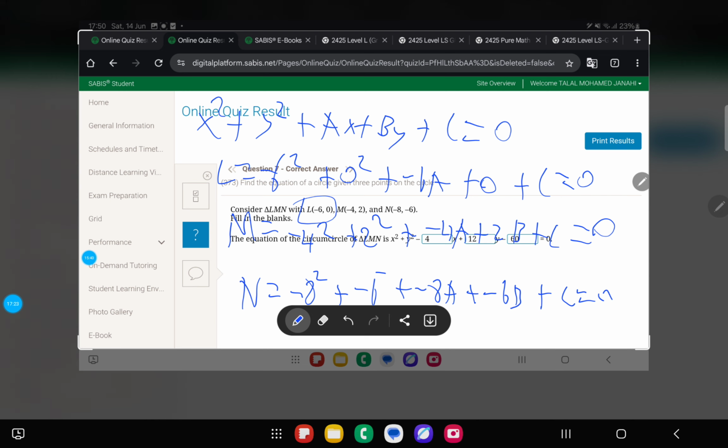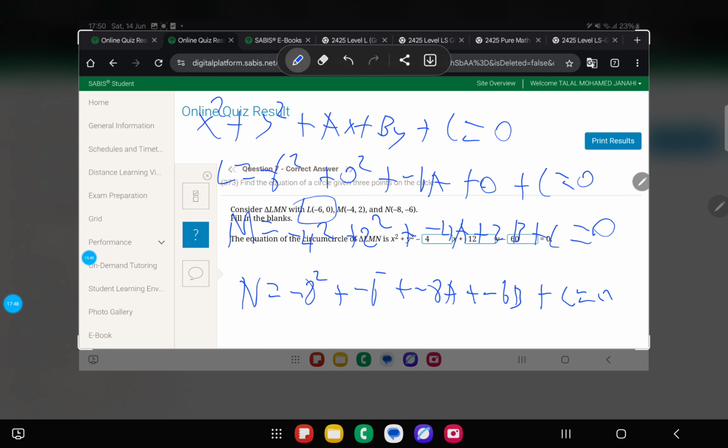In these points there's x and y, right? And in the rule there's x squared plus y squared plus ax plus by plus c. c is just a constant, so we just put it as c. While for ax and by, we just multiply a and b by their respective variable, and for x squared plus y squared, we substitute the variable and just square it. That's it.